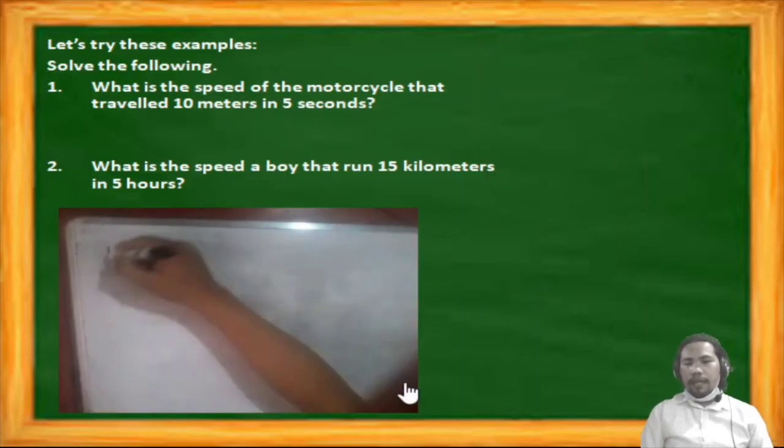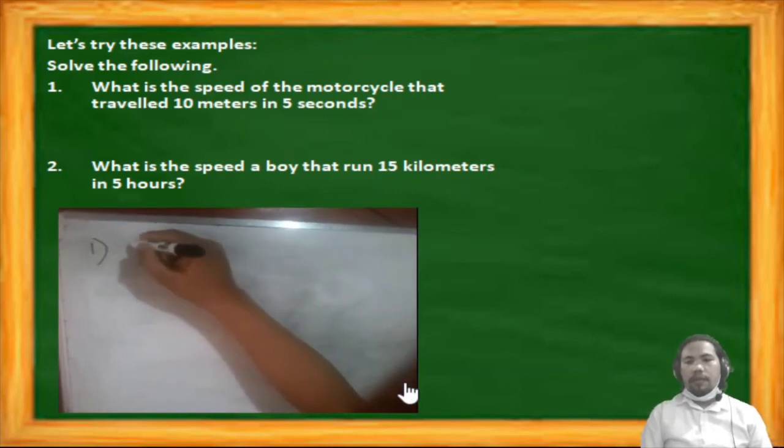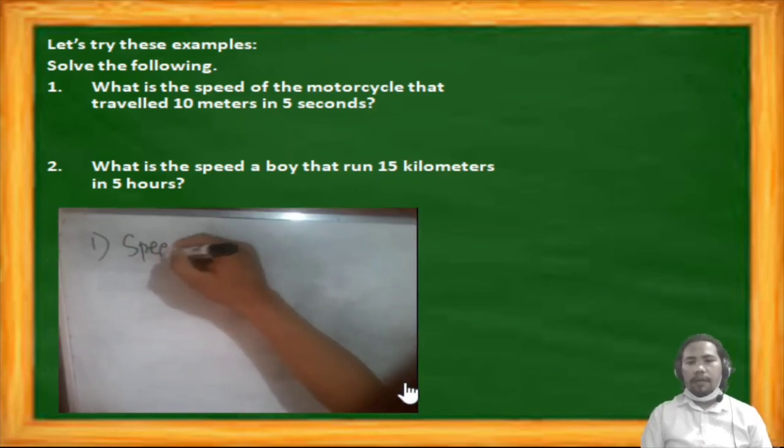Let's try these examples. What is the speed of the motorcycle that traveled 10 meters in 5 seconds? Number 2, what is the speed of a boy that ran 15 kilometers in 5 hours? So number 1, let's have number 1.